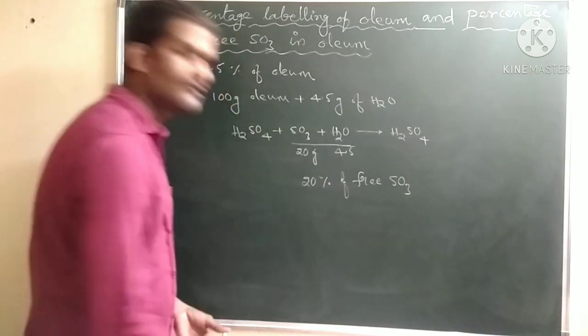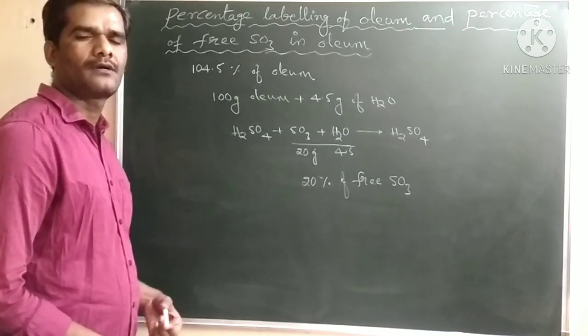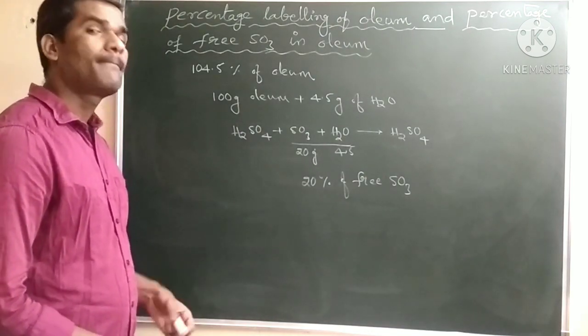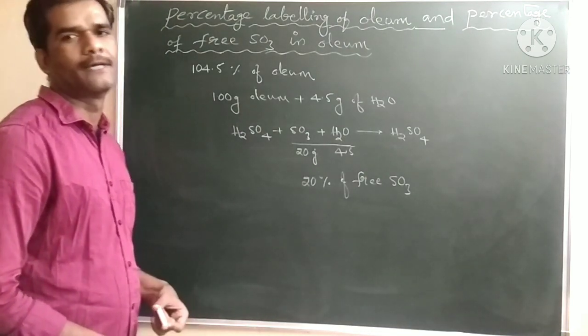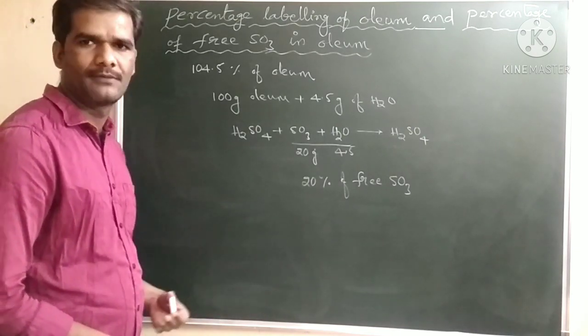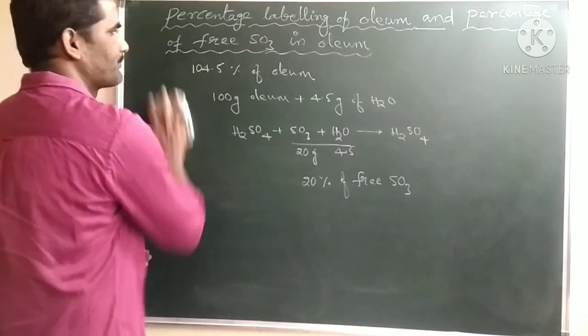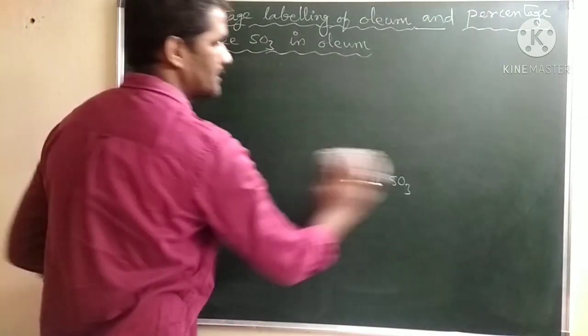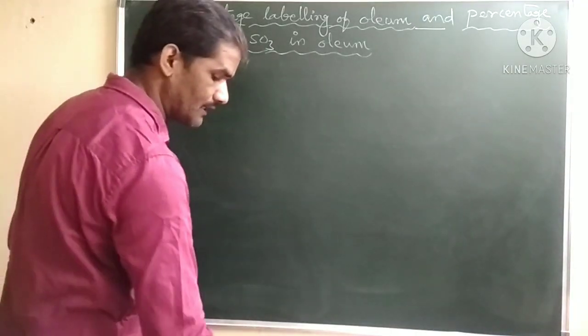Now here one more important point we have to keep in mind, that is the maximum labeling of oleum. Up to what extent can we label an oleum sample? That is the maximum labeling of oleum.